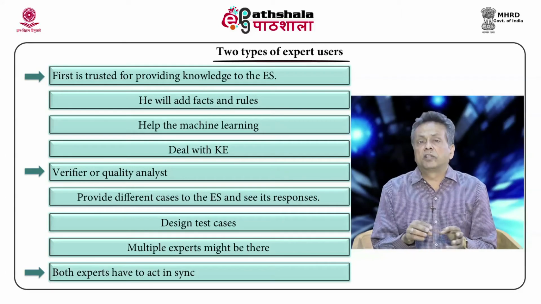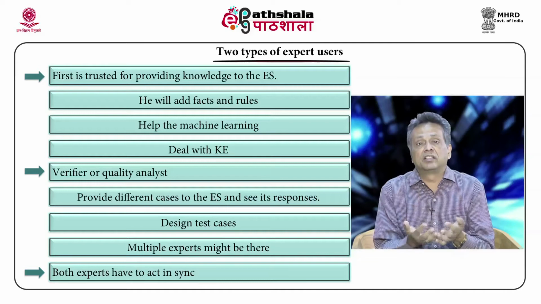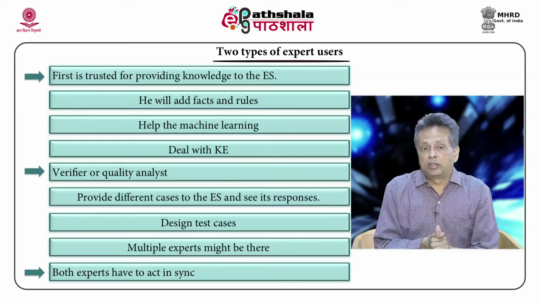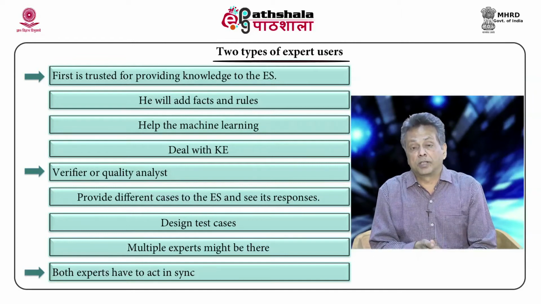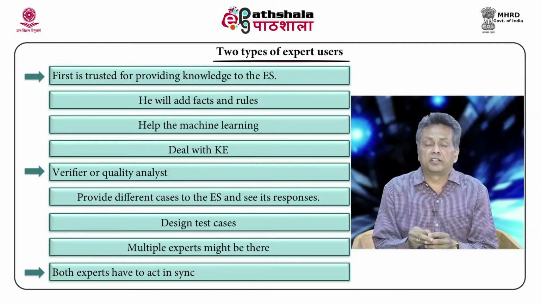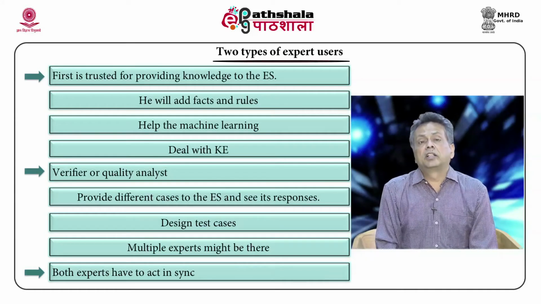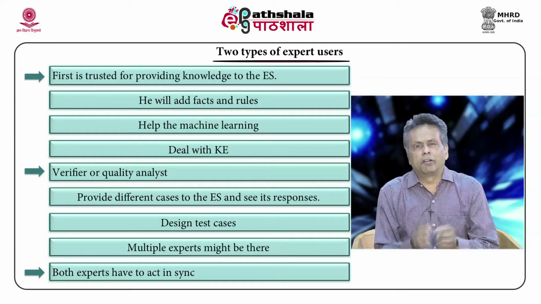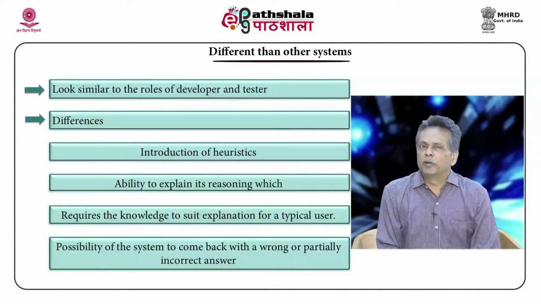The other type of expert is kind of a validator, who provides test cases to assess the effectiveness of the expert system, and both of these experts will have to act in sync. But if you feel that these two experts look quite similar to the developer and tester of conventional systems, there is some difference.